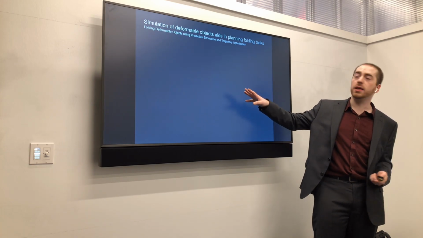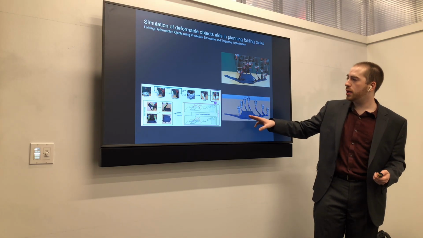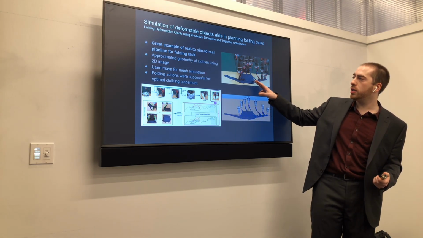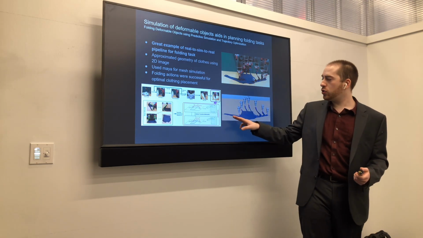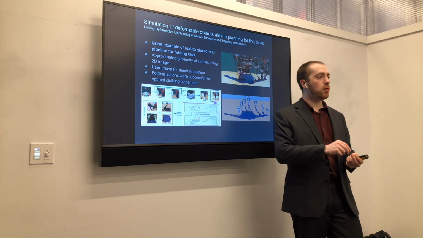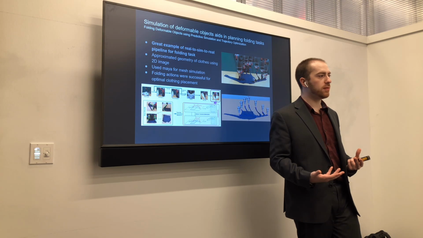Another paper, Peter would be familiar with this, did folding tasks. They took a 2D image of a piece of clothing, turned it into a mesh for a folding action, and in Maya simulated the folding to make sure it was able to fold the different pieces of clothing.